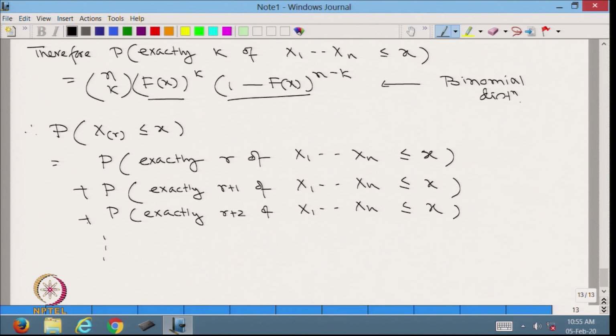Like that, we go up to probability all of x 1, x 2, ..., x n less than or equal to x.